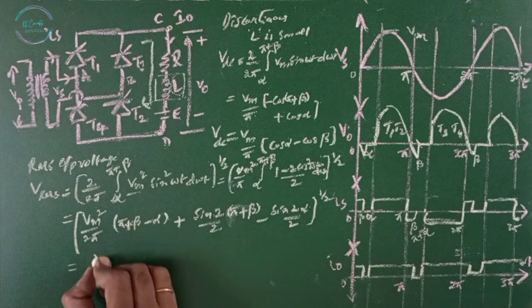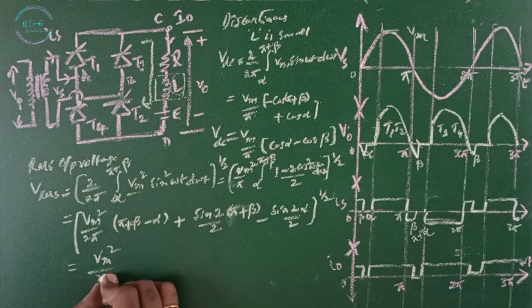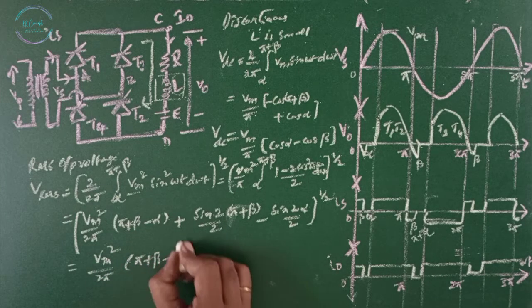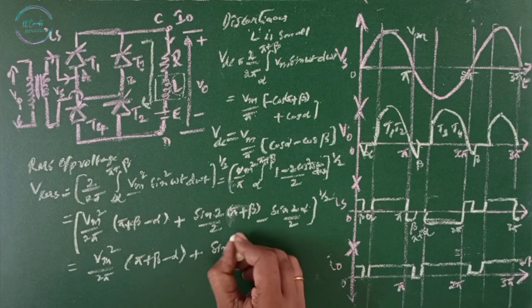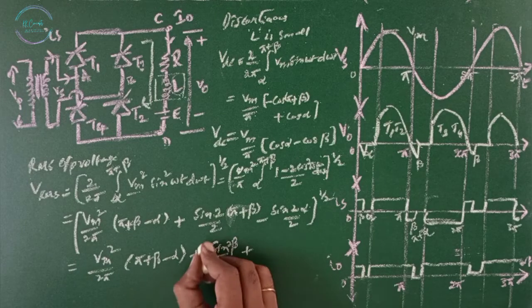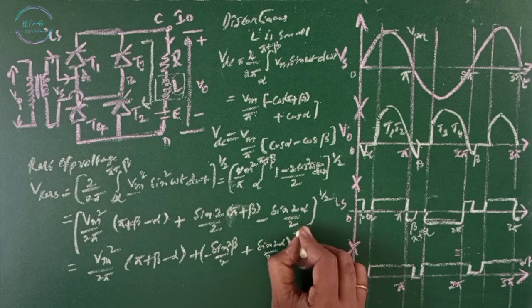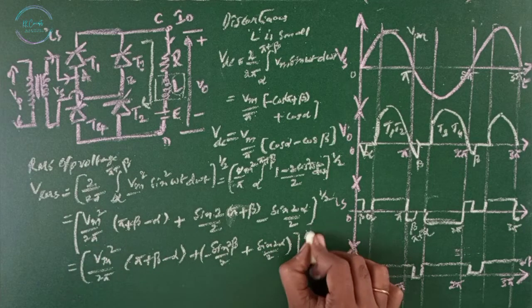Then I am going to get Vm square by 2 pi times pi plus beta minus alpha plus sine 2 beta by 2 minus sine 2 alpha by 2, all under the square root.